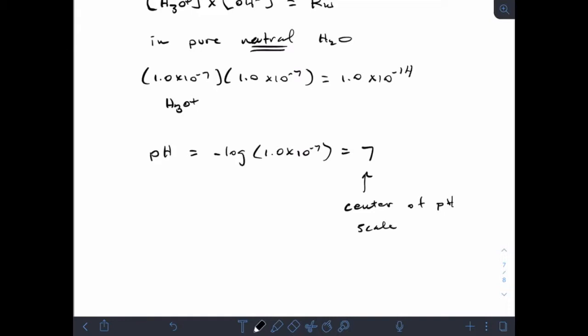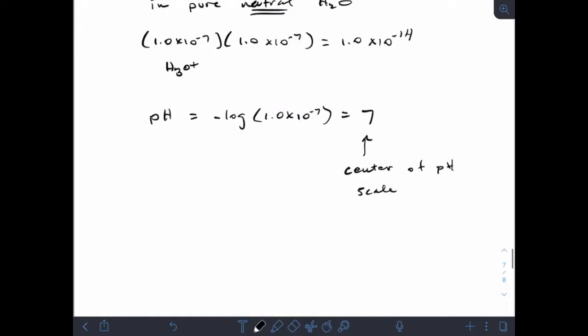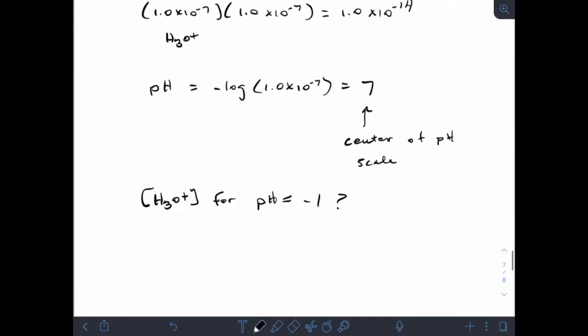So for example, what's the H3O+ concentration for pH equal to -1? We'll find that if -1 equals the negative log of x, then x equals 10.